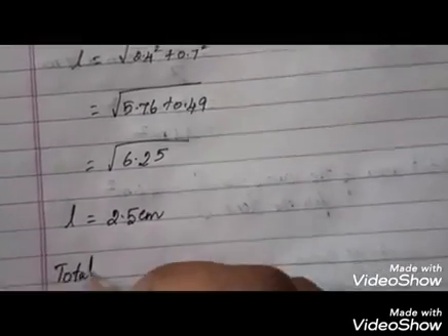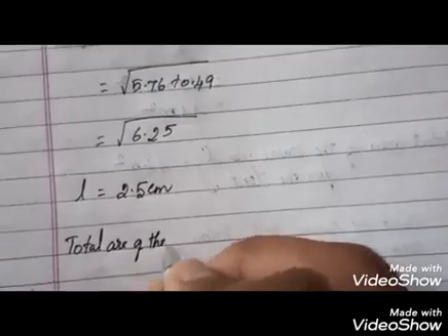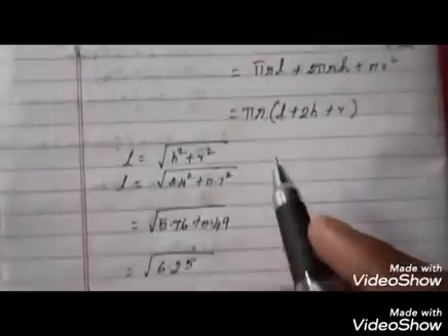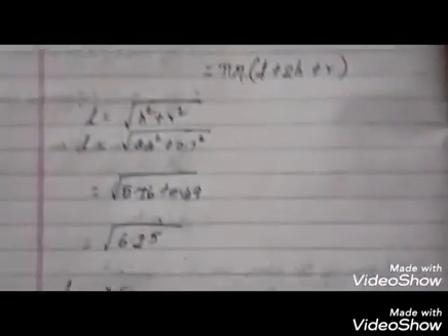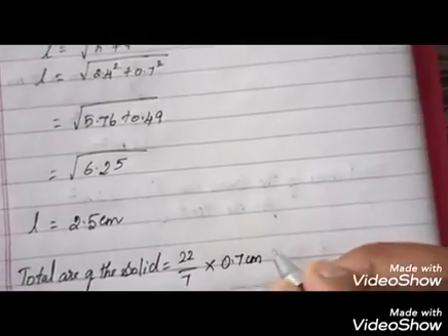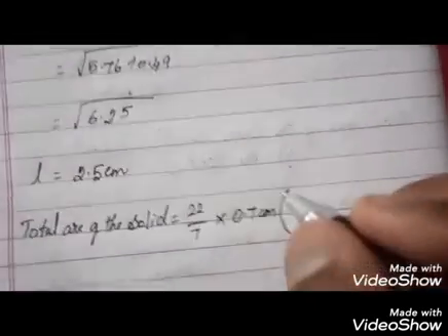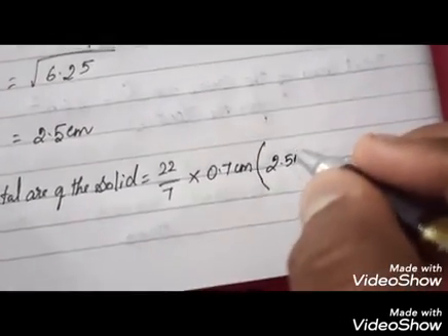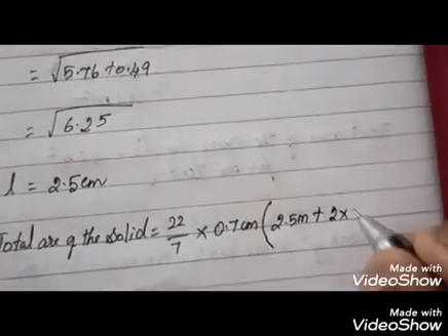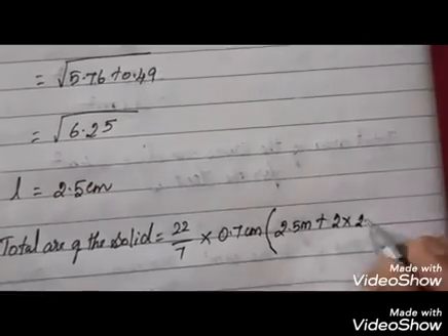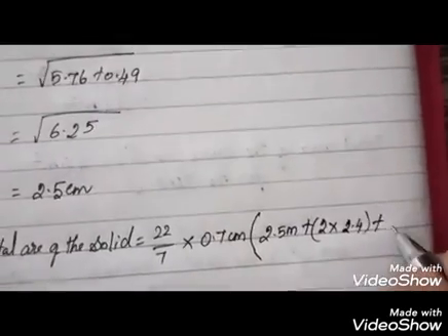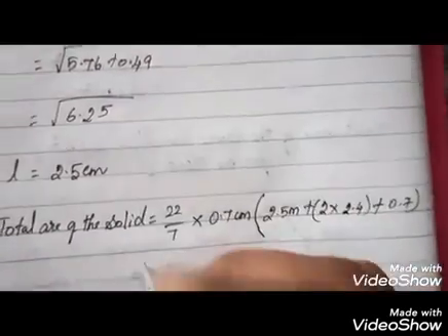Total area of the solid equals 22 by 7 into the radius, that is 0.7 centimeter, and inside the bracket, first L, that is the 2.5 centimeter slant height, plus 2 into h, that is 2 into 2.4 centimeter, plus radius 0.7.